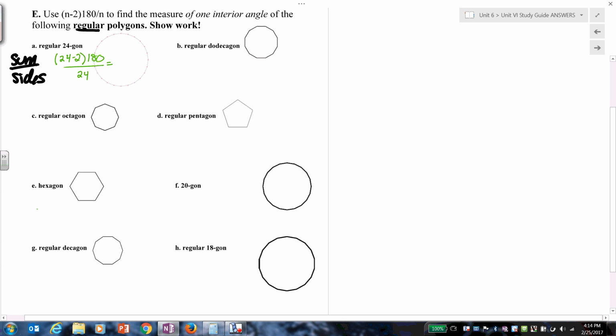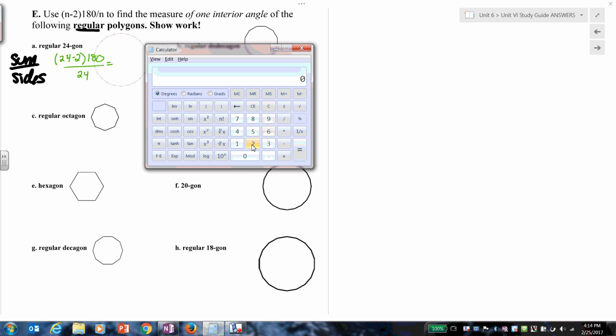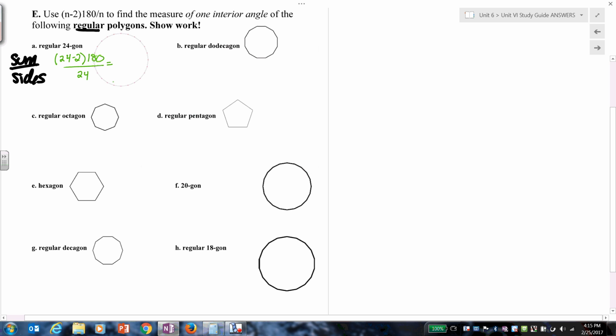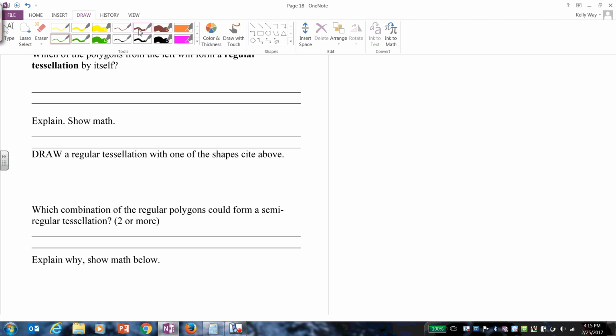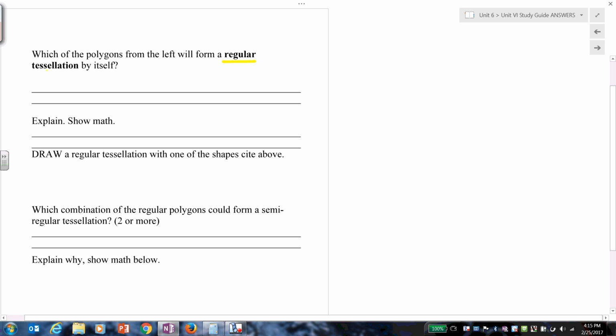Once you have the plugins, 24 minus 2 times 180 divided by 24, and we have one angle right there is going to be 165 degrees. You're going to find all of them, and then you're going to answer these questions, understanding the difference between a regular tessellation and a semi-regular tessellation.